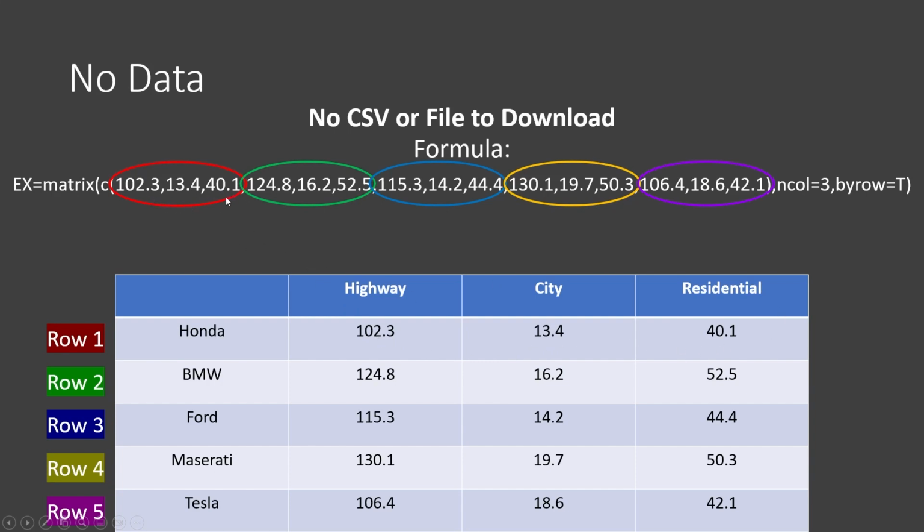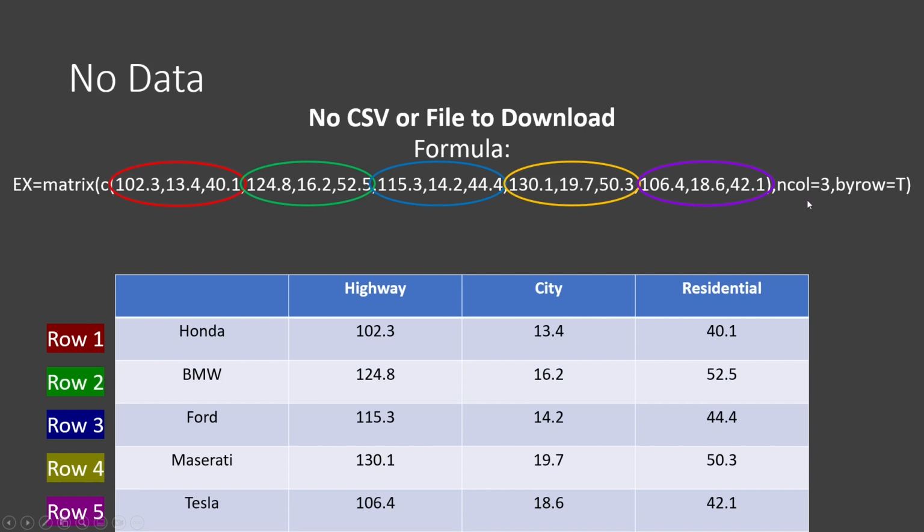If you go to the next number, it's 124.8, which is the second row's first number. So it's not really a snake, but it goes from left to right, top to bottom. That's how you'd input the data. You want to start from the top left, and by the end, you should have the bottom right number, okay?